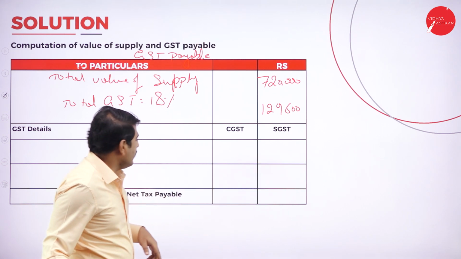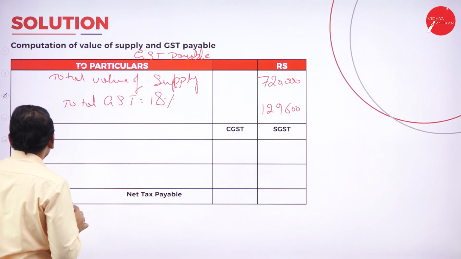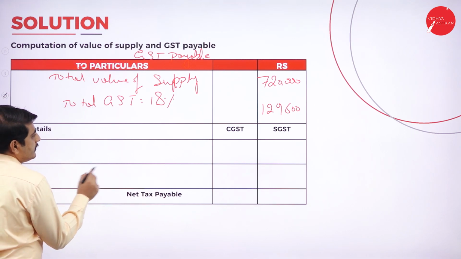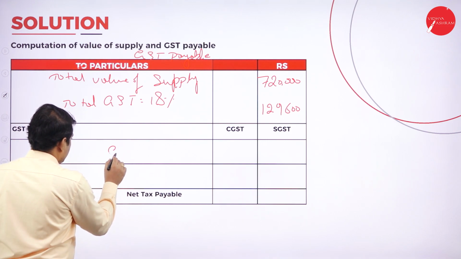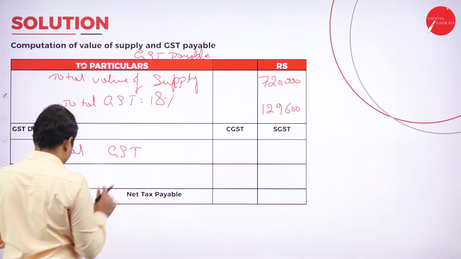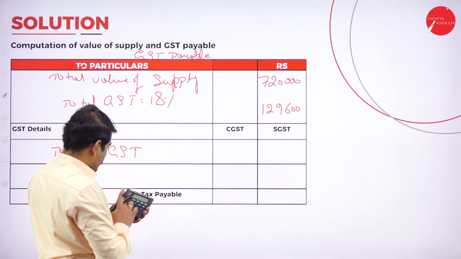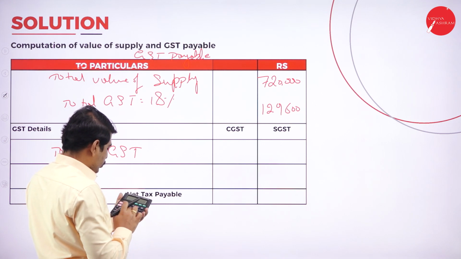Okay, so let's calculate CGST and SGST. Total GST 1,29,600 divided by 2.